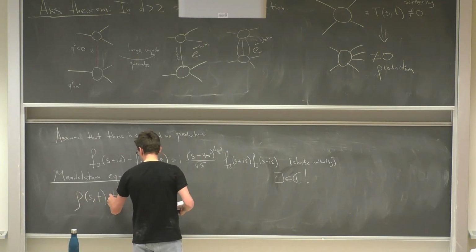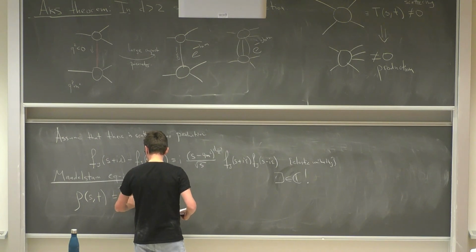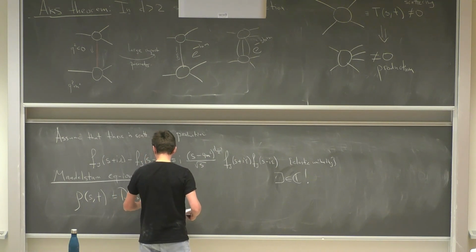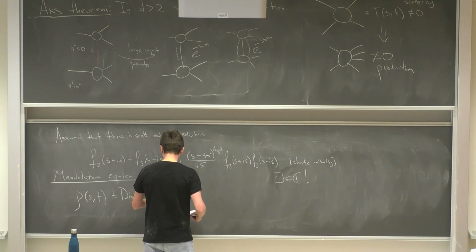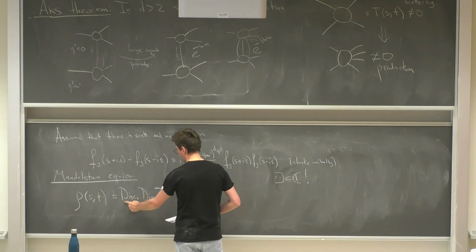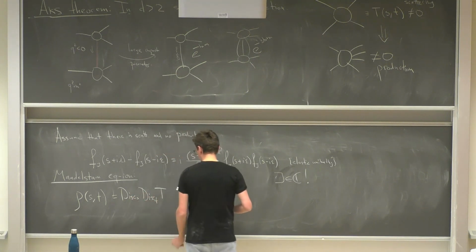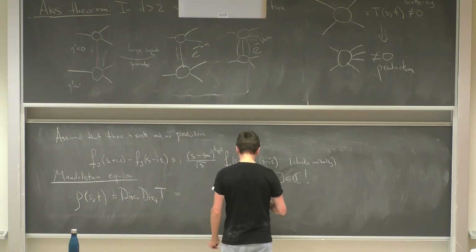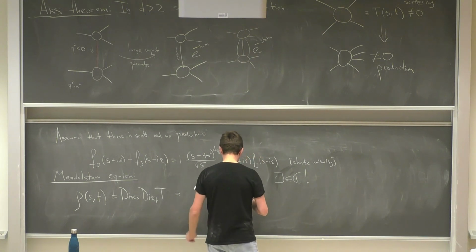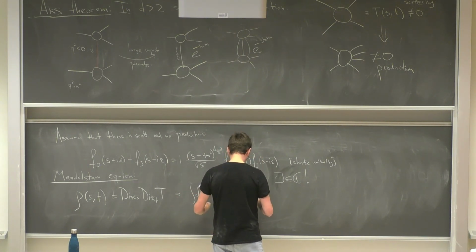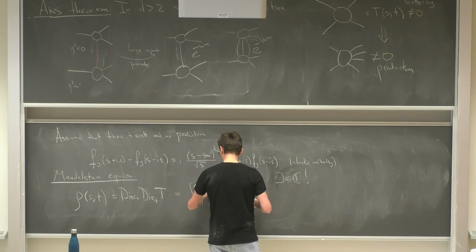Rho S of t, which is defined as disc S disc t of T, so it's a double discontinuity of the amplitude before, is equal to, I will write it very schematically, because we don't have time for details.